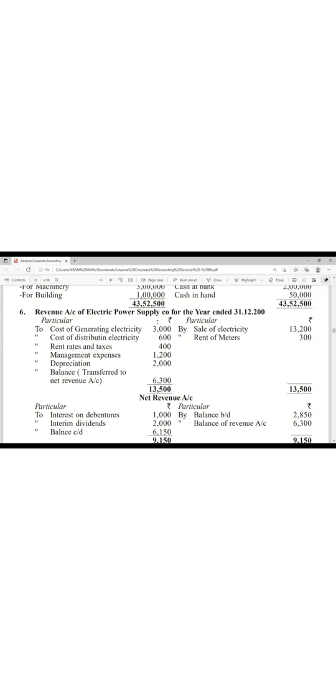The total comes to 7,200. That should be deducted from the 13,500, and you will get on the debit side a balancing figure of 6,300. This is the balance to be transferred to the net revenue account.